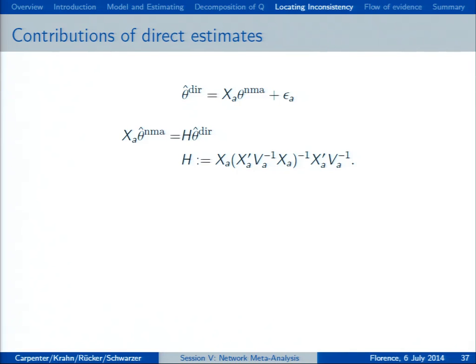And if it is too large, what to do, how to interpret. Then it would be nice to find sources for this heterogeneity, like in classical meta-analysis, to do meta-regression or something like this. So you still use the classical methods to interpret the results and to support the interpretation of the results.